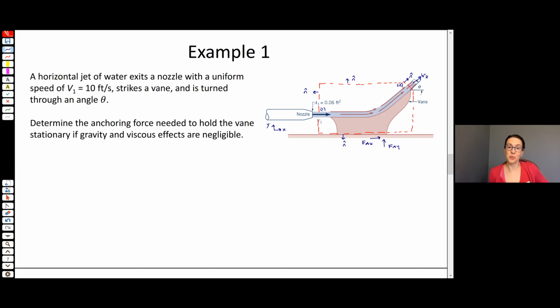All right, so we'll go ahead and apply. We'll write down the conservation of linear momentum equation here. Instead of writing it in vector form, we'll just go ahead and write in the components.